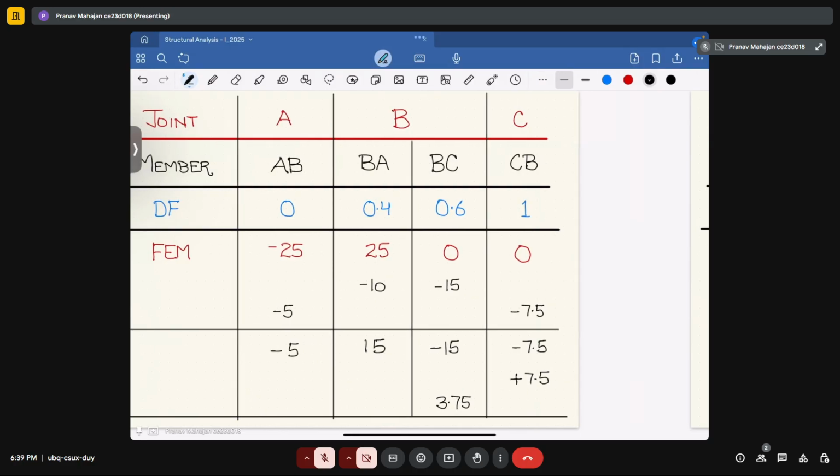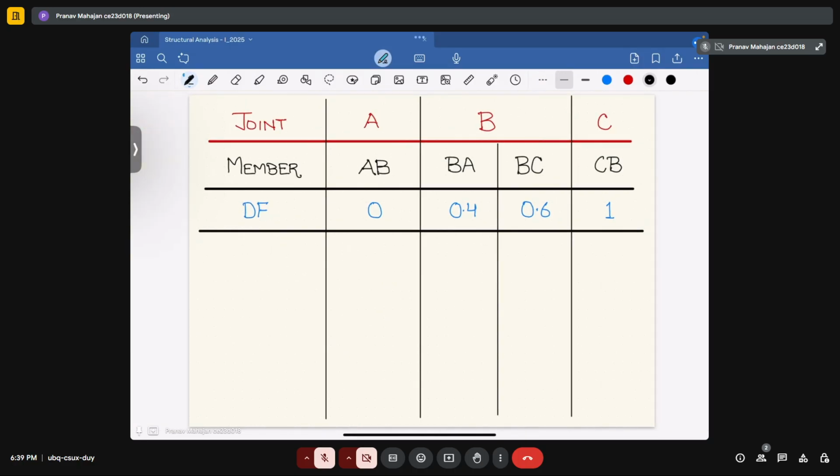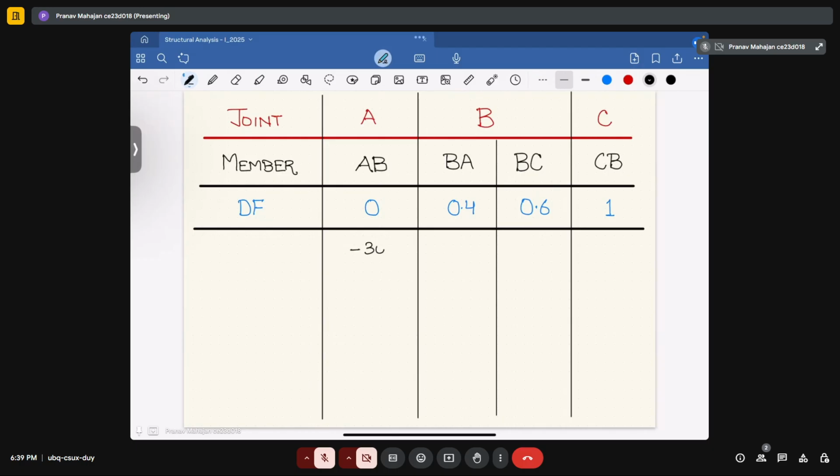Okay. So your total after this step will become minus of 30, plus of 15, minus of 11.25, and other is 0.